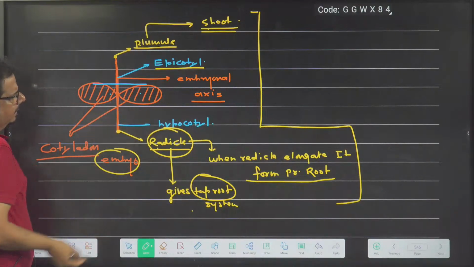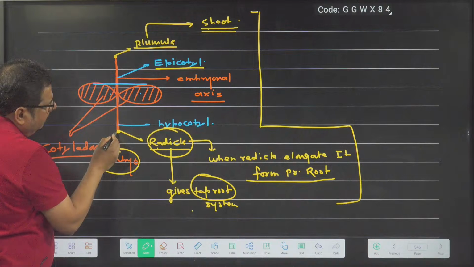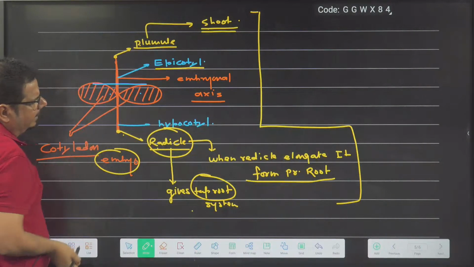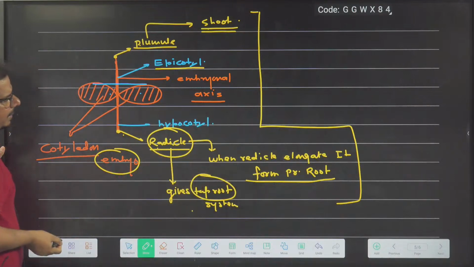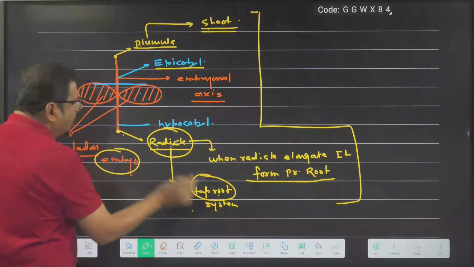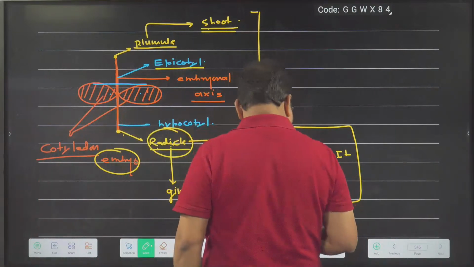The part of the embryonal axis at the tip of hypocotyle is called radicle, and when this radicle elongates, it forms the primary root, and it gives rise to which one? Taproot system. Got the idea? And this is a typical structure of a dicot embryo.